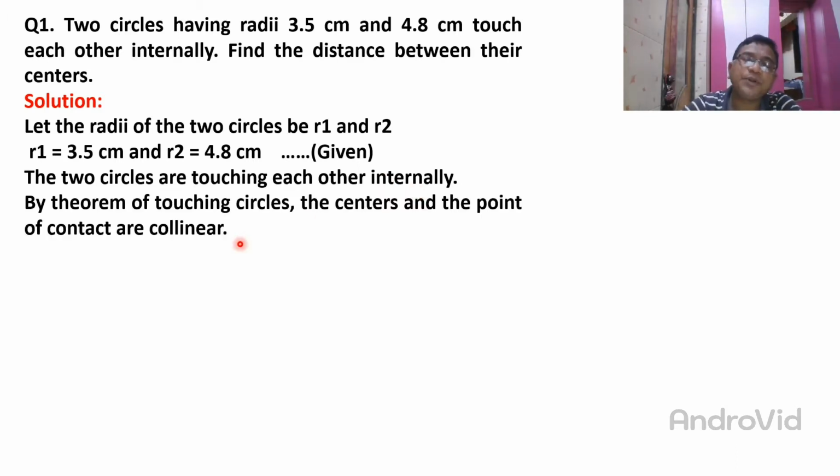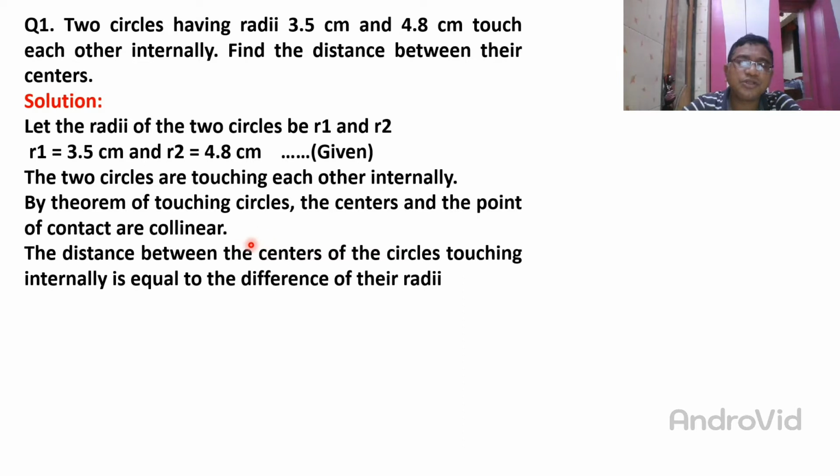So the distance between their centers can be found with subtraction of radius. The distance between the centers of circles touching internally is equal to the difference in their radius. If you want to find the difference in the radius, what can you do? The bigger radius is R2, that is 4.8 centimeter, and the smaller radius is R1, that is 3.5 centimeter.